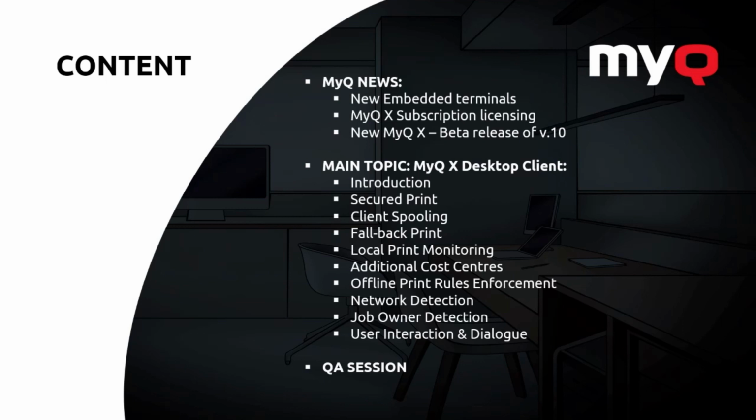There are three important topics: the new embedded terminals that are now available, the new MyQ X subscription licensing, and a little sneak peek of the beta release of MyQ X version 10. After this brief introduction of the news, we will jump into the main topic, when I will explain all the different options and modes the MyQ X Desktop Client offers to you and your customers.